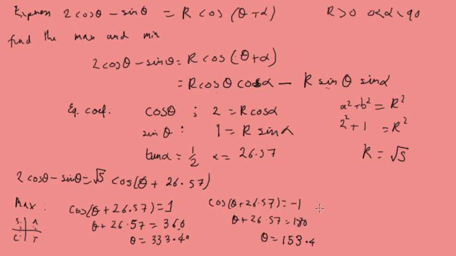And then the maximum is going to be square root of 5 when theta is 333.4 degrees, and a minimum of minus square root of 5 when theta equals 153.4 degrees. So I hope that helps.